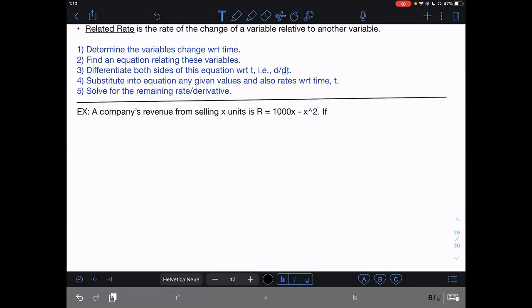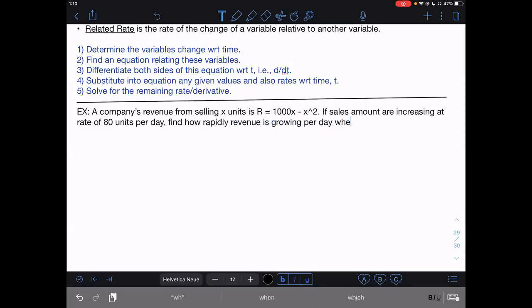If the sales amount are increasing at a rate of 80 units per day, find how rapidly the revenue is changing, or I'll say growing, per day when 400 units have been sold.